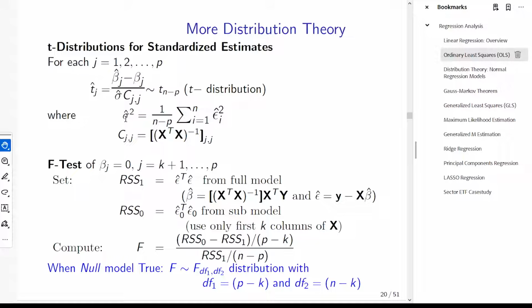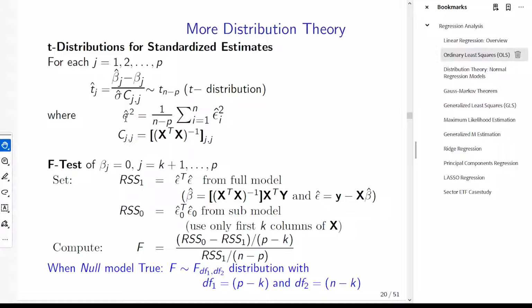And with other questions that come up in regression, one can construct an F-test of whether all the regression parameters beyond the first K are equal to 0 or not.